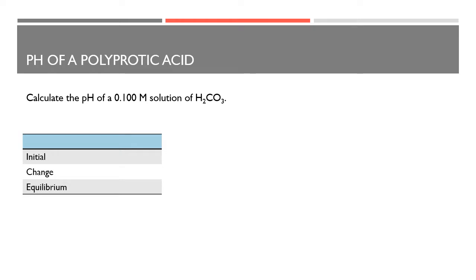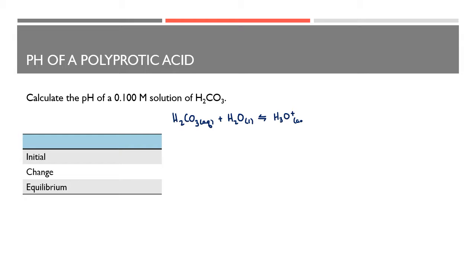So let's take what we know about polyprotic acids and calculate the pH of a 0.100 molar solution of H2CO3. So this is carbonic acid. This is a diprotic acid. And what we're going to do first is just write out the reaction for the first step.